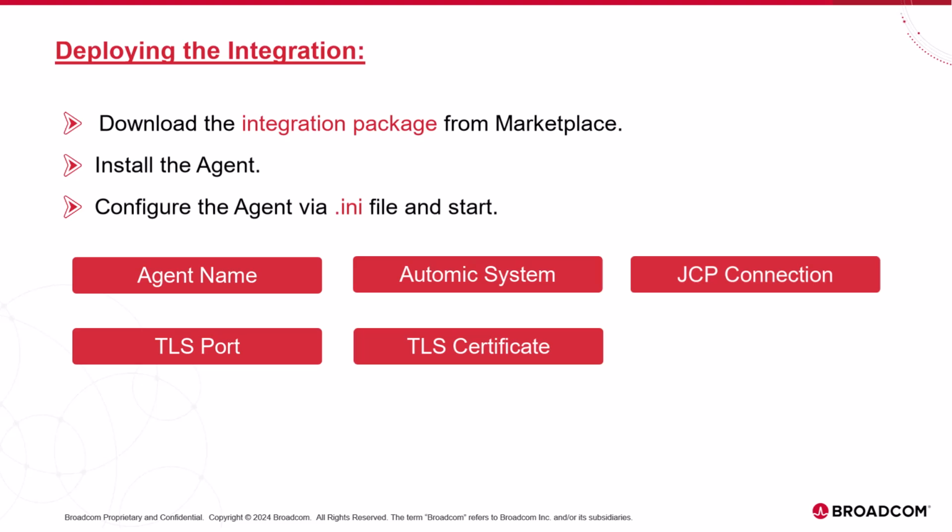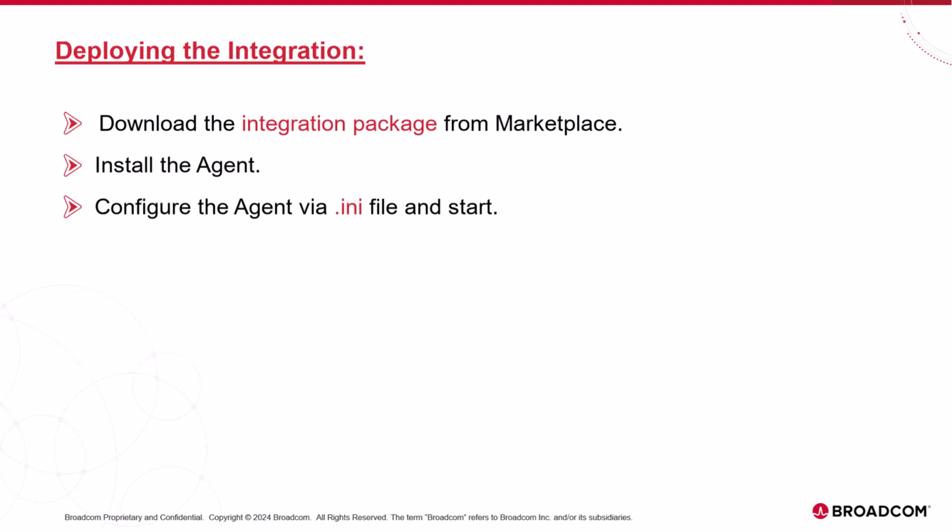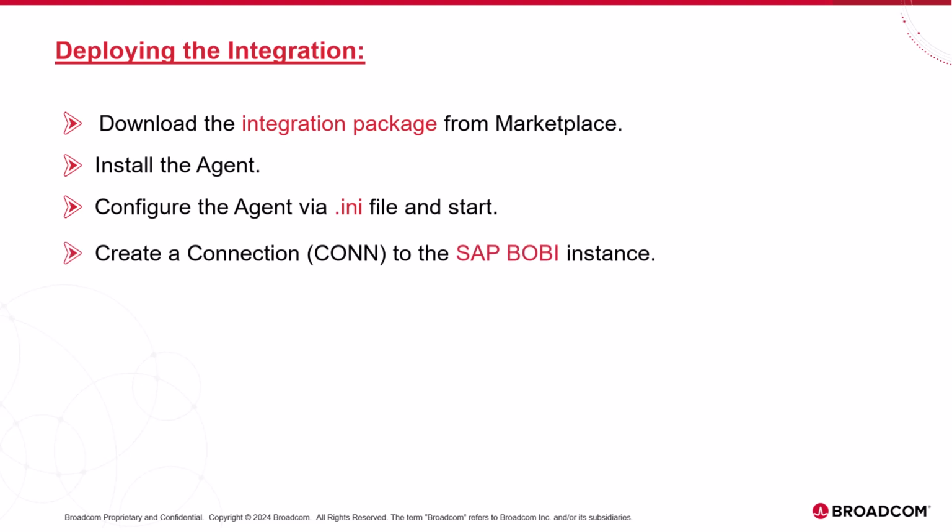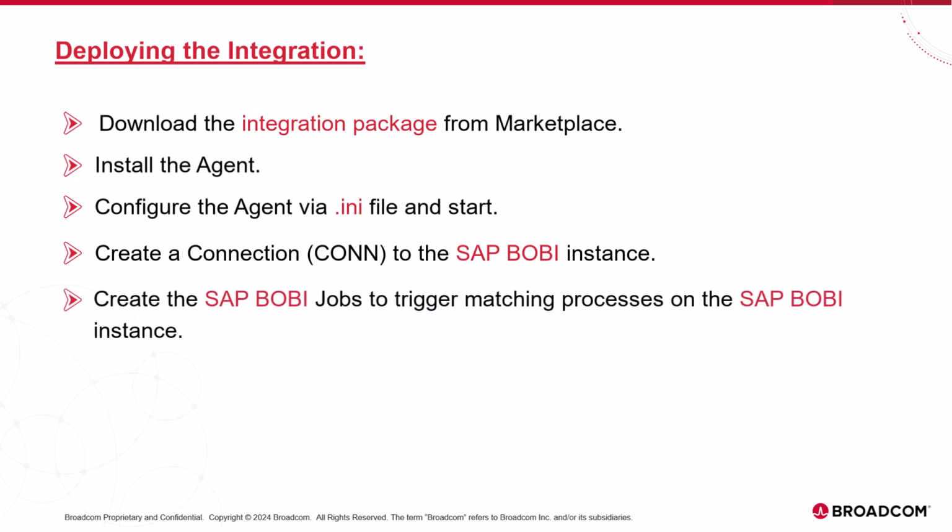New object templates are deployed. We create a connection to every SAP BOBI instance we need to support. For this, we use the template con object, which we duplicate as many times as we need. The con object references the SAP BOBI endpoint. Finally, we use the SAP BOBI template jobs to create the jobs we need.